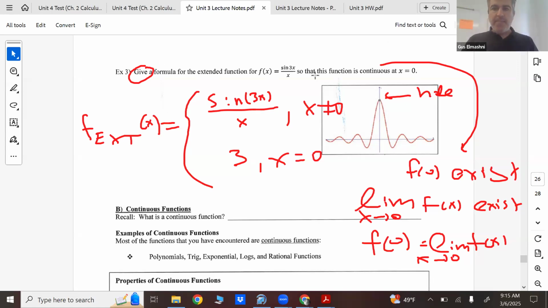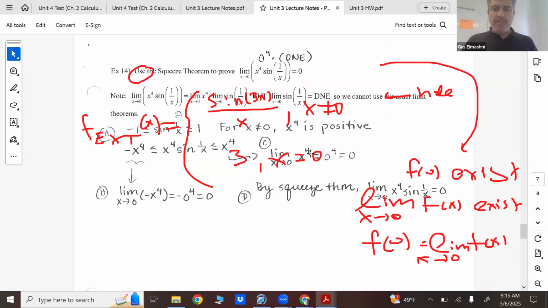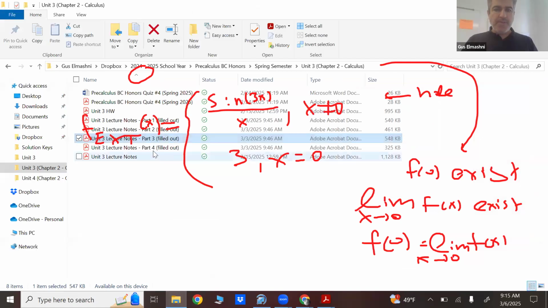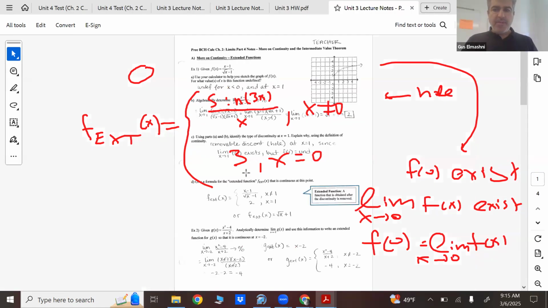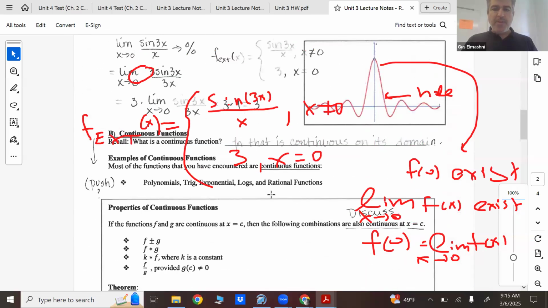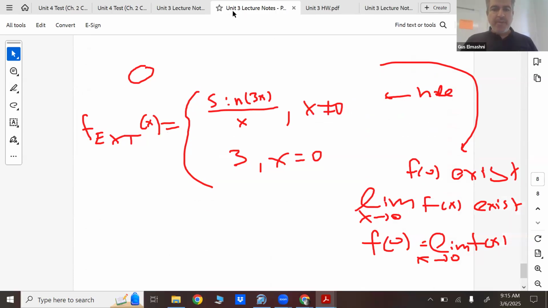Okay. Just to tie up the notes here, let me pull this up really fast. So what is a continuous function? Well, there are many ways you could define it, but it's something that's continuous on its domain.